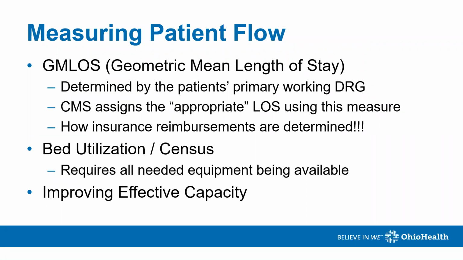So how is this patient flow measured? We talked about length of stay a little while ago. Most of our systems are required to look at what's called the geometric mean length of stay.